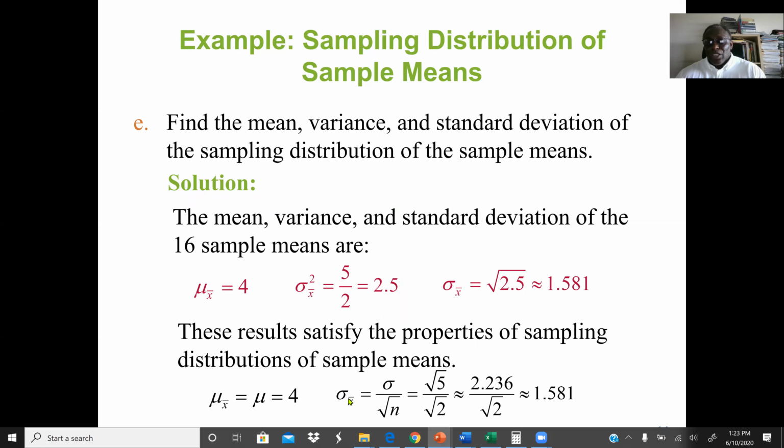The standard deviation of the sample will be the population standard deviation over the square root of n, which is 2. So that will give me 1.581. Only here again, the square root is not there, but the answer is correct.